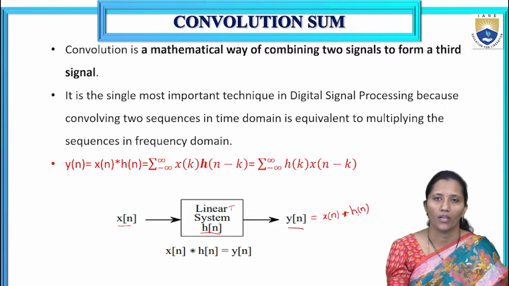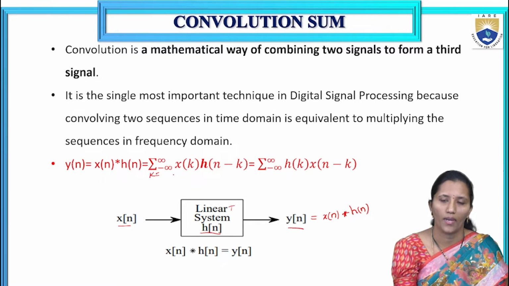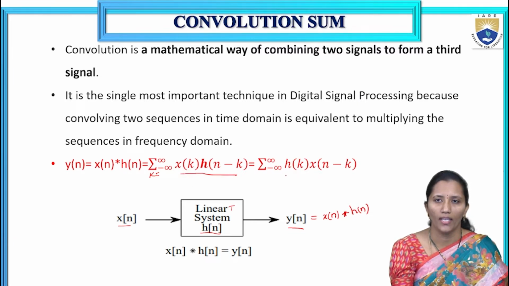So the formula for convolution sum is y of n is equal to x of n star h of n is equal to sigma k is equal to minus infinity to plus infinity x of k into h of n minus k. This we can write as sigma k is equal to minus infinity to infinity h of k and x of n minus k, because x of n and h of n satisfy the commutative property.